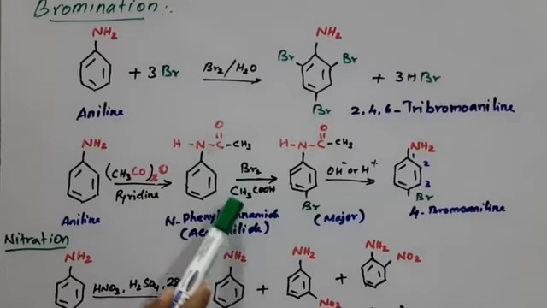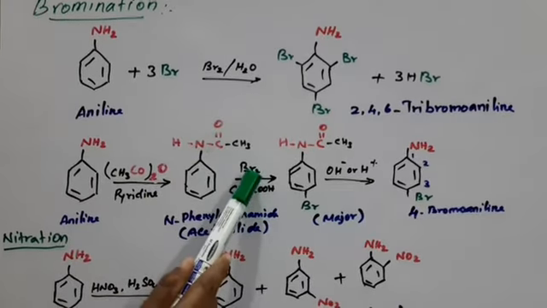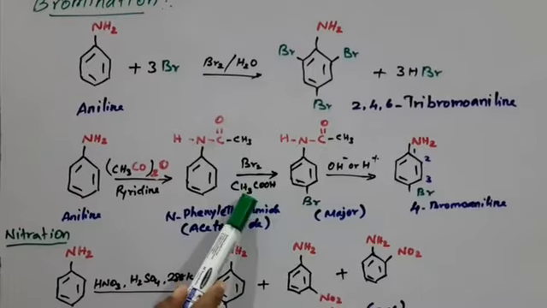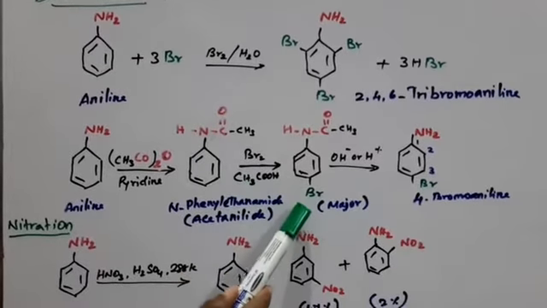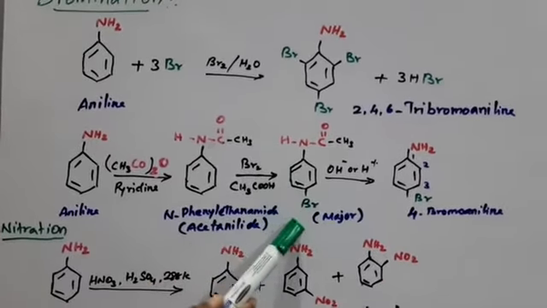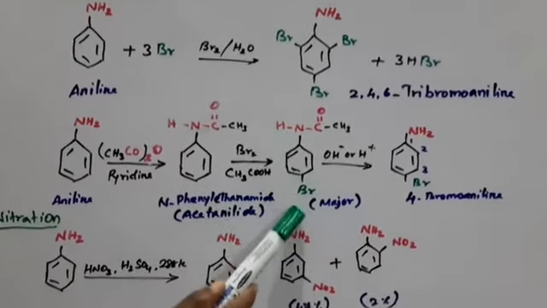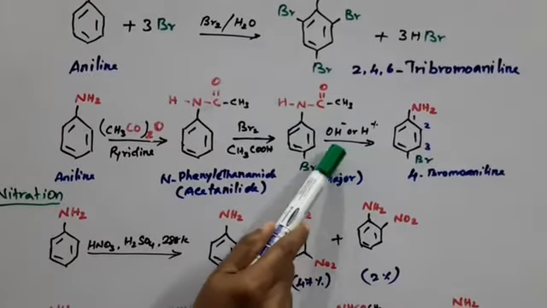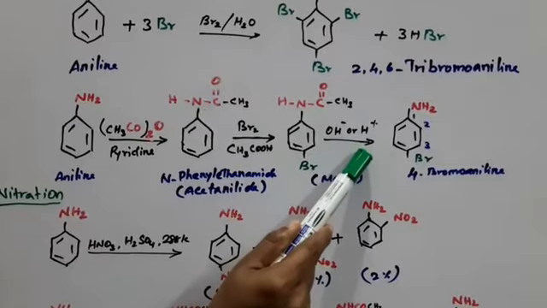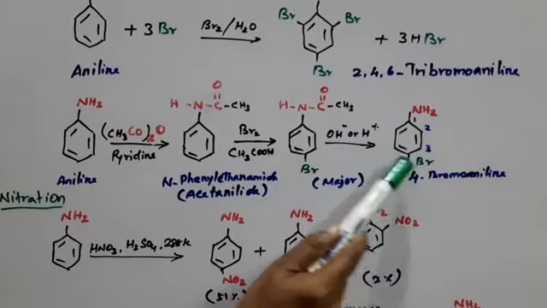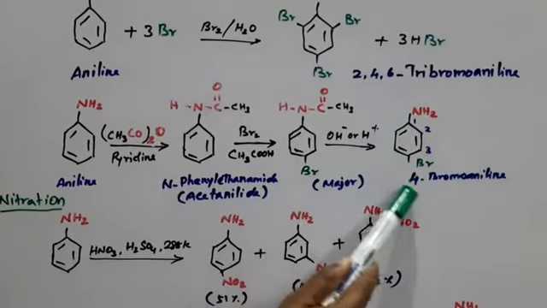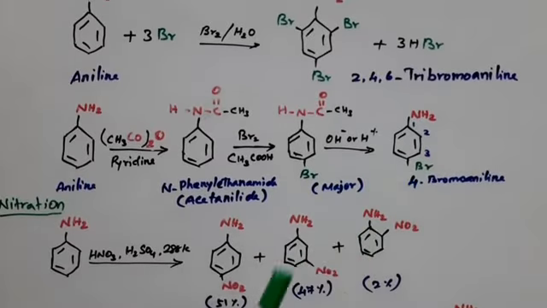After that, this amide with bromine in acidic medium gives bromoacetanilide. This bromoacetanilide, during hydrolysis, gives 4-bromoaniline. This is the mono-substituted aniline derivative.